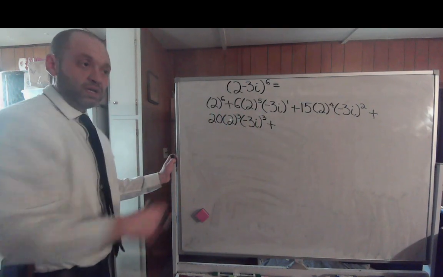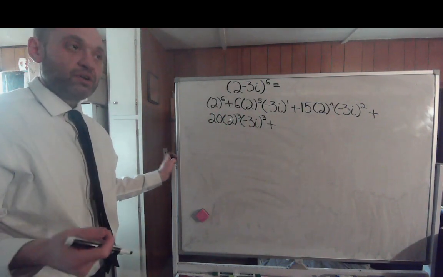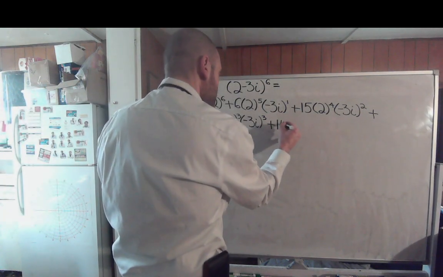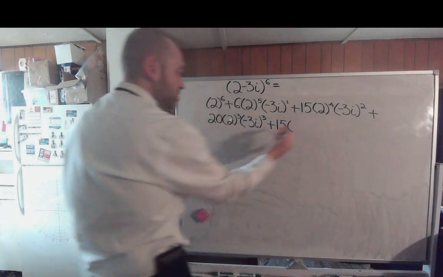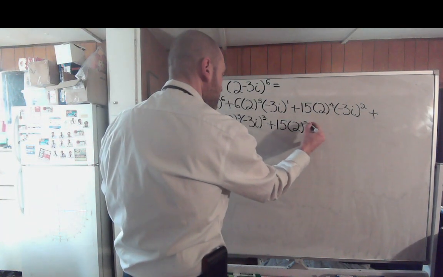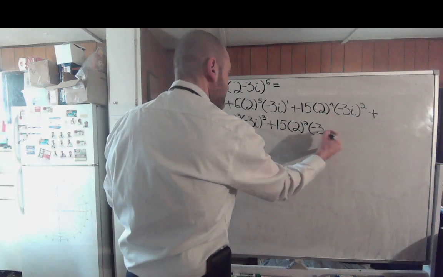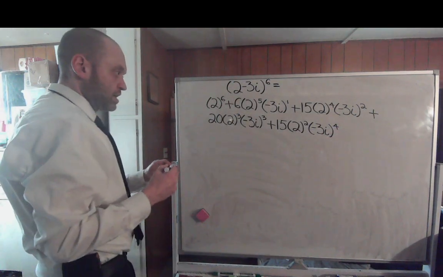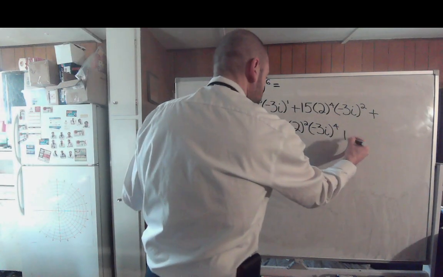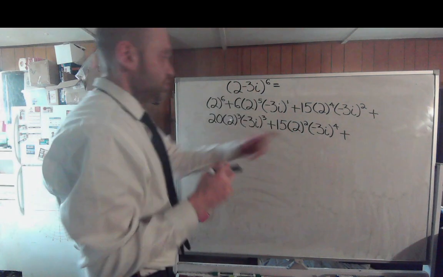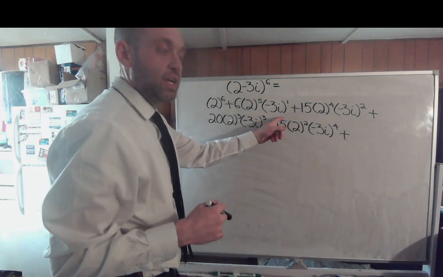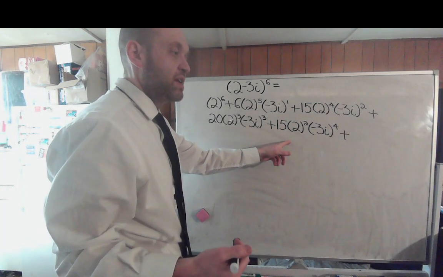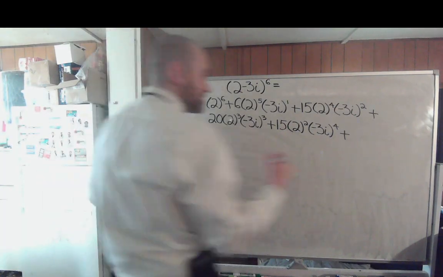Now let's get the next term. 3 times 20 is 60. Divide by the term you're on, which is 4. 60 divided by 4 is 15. So that would be 15 times 2 raised to the second power times negative 3i raised to the fourth power, plus, let's take 2 times 15, which is 30. Divide by the current term you're on, which is 5. So 30 divided by 5 is 6.